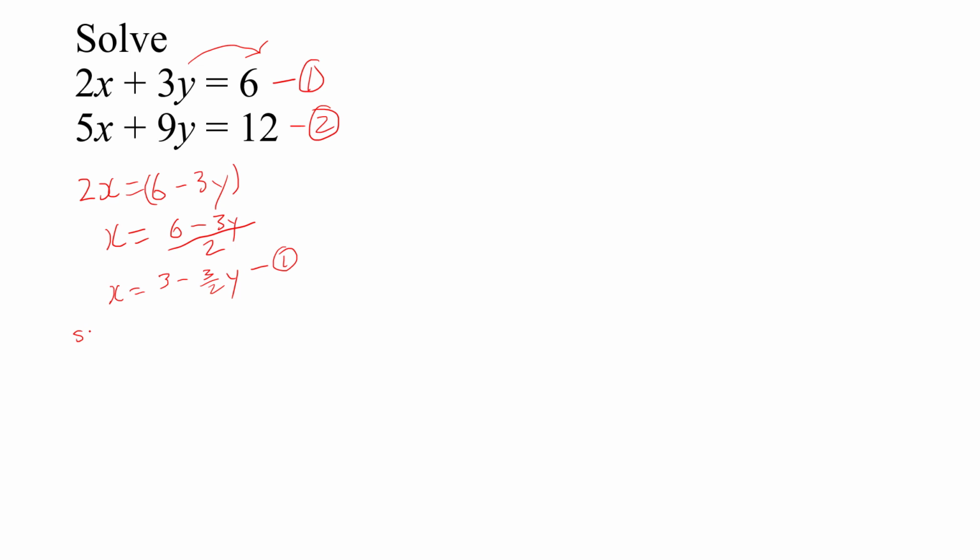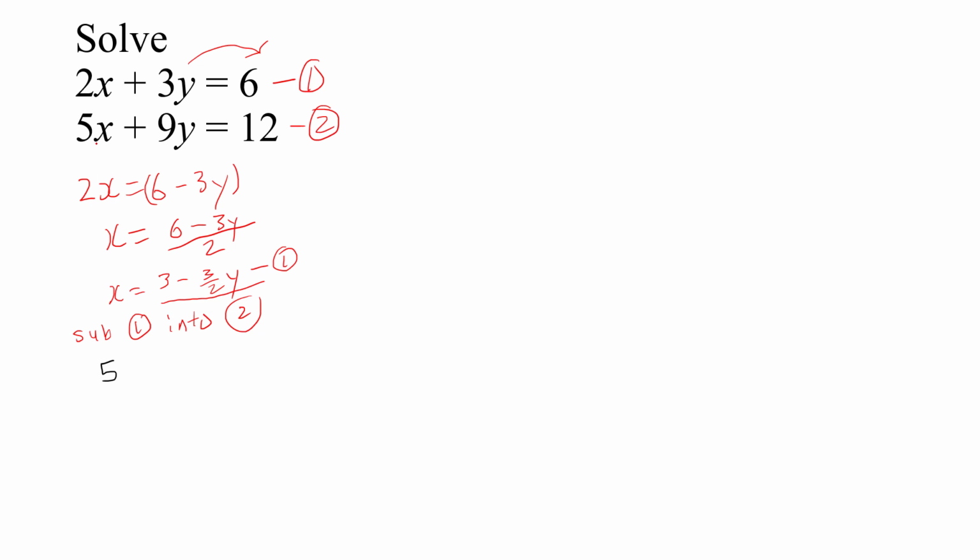So what I want to do is to sub the first equation into the second equation that is down here. Second equation is 5x. Now, instead of writing x, I will write 3 minus 3 over 2y.